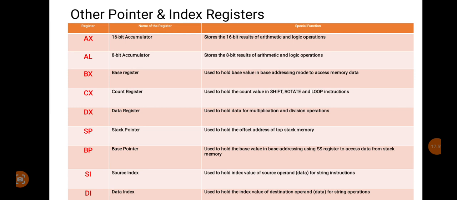The source index will hold the source operand for the string instruction in the data segment. Similarly, the destination index will hold the destination operand for the string operation in the extra segment. Normally, SI always points to the data segment and DI will point to the extra segment.